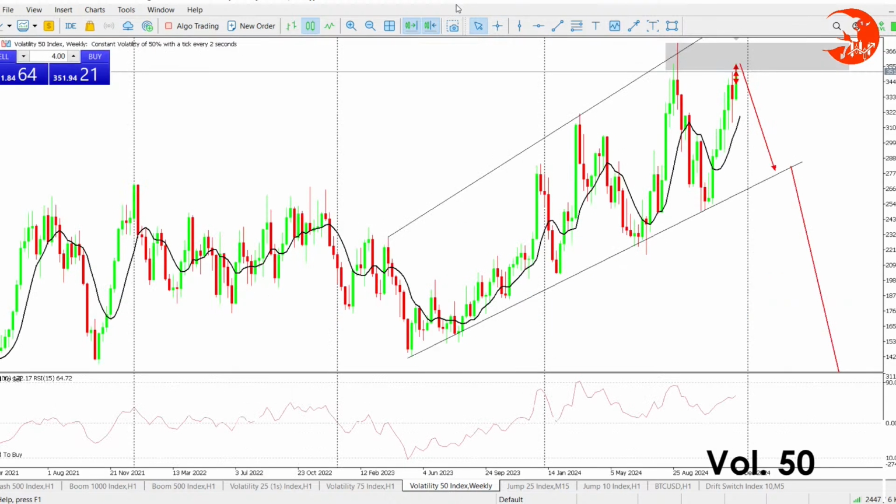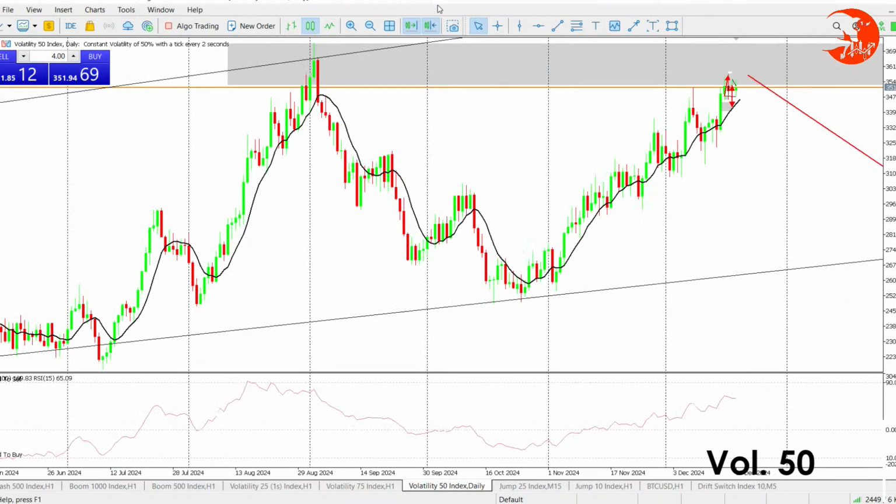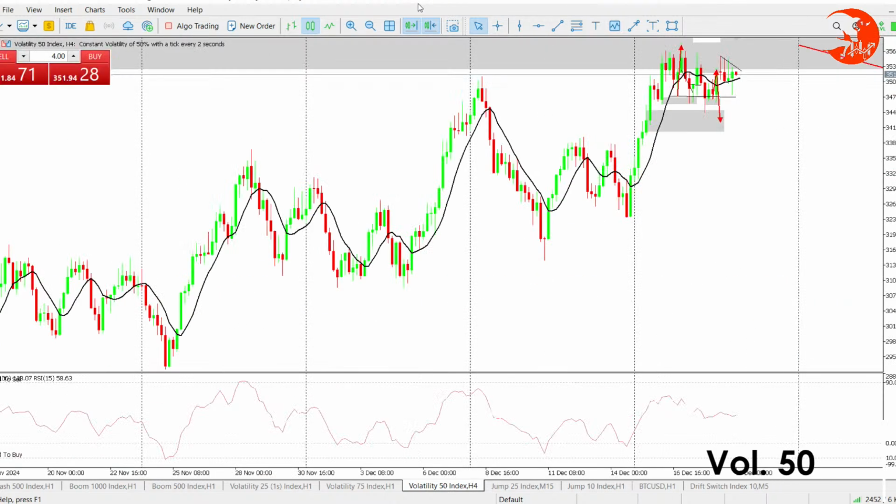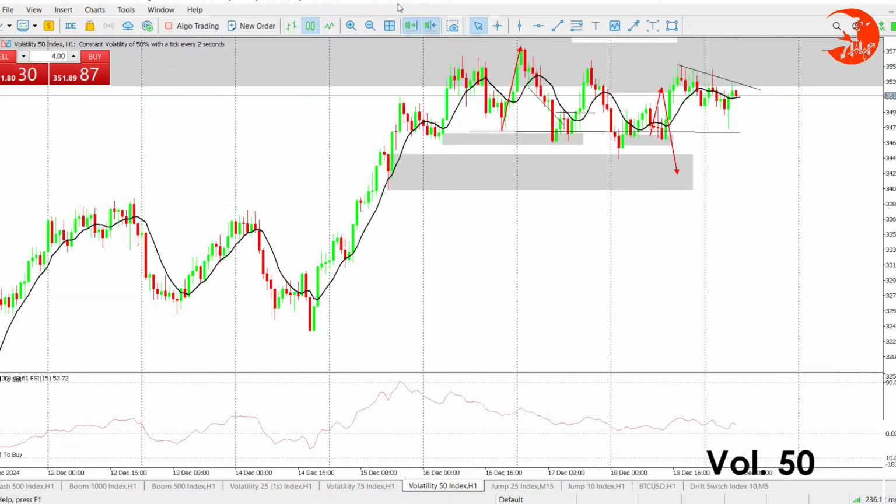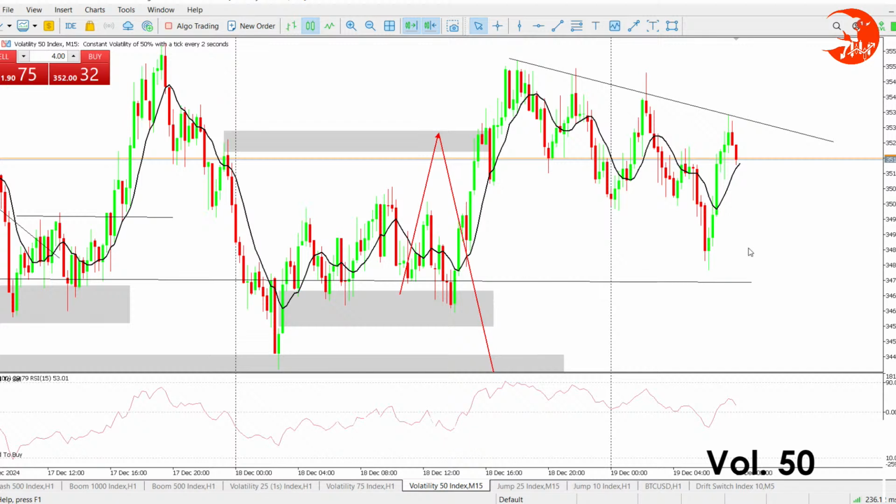Let's look at weekly. We are selling daily. We are selling H4. We are selling H1. We are selling. Alright, so that means M15, we are now also selling. So most of the times where we are, it was a good entry.